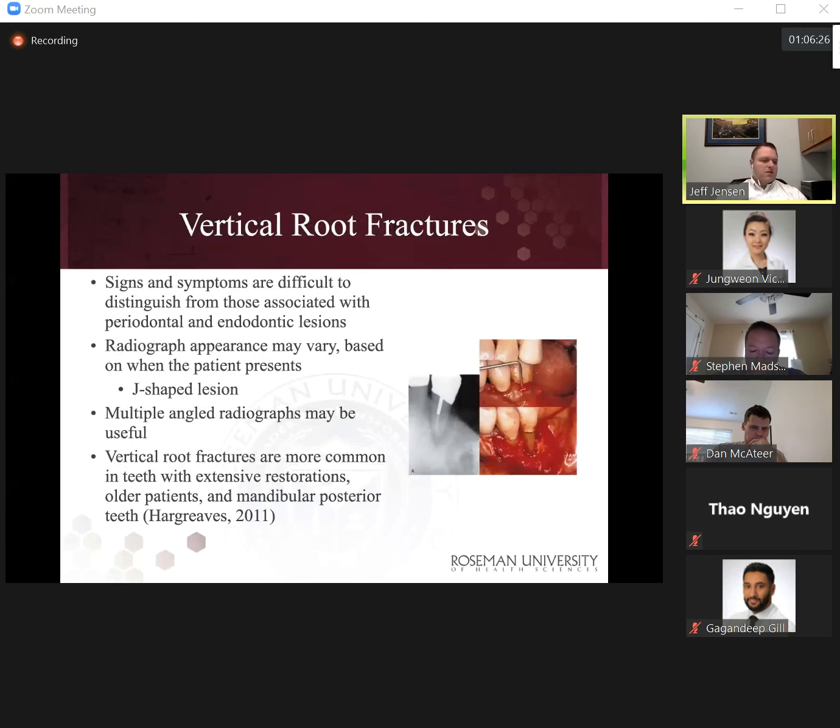A couple of other things here as far as some endo-perio stuff. Vertical root fractures are something that we see somewhat often. The signs and symptoms are sometimes difficult to distinguish between those associated with perio and endodontic lesions. So typically you have pain on palpation or percussion.